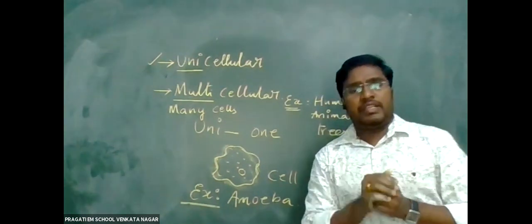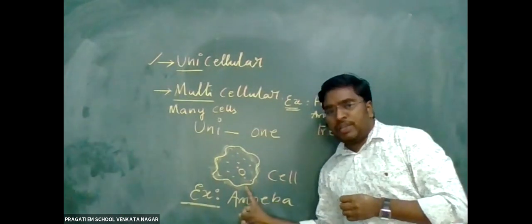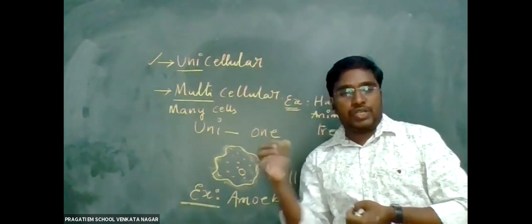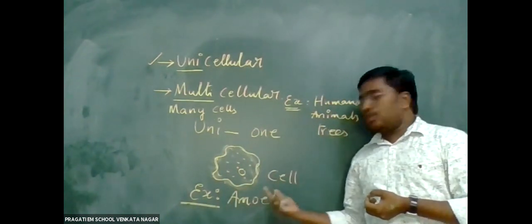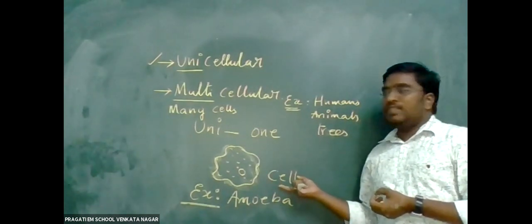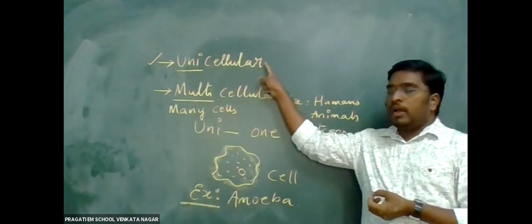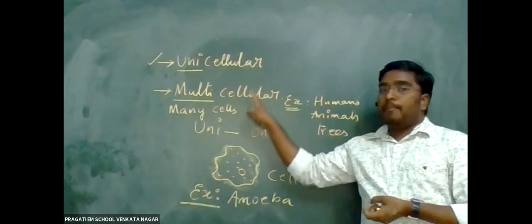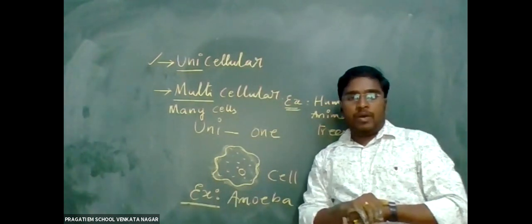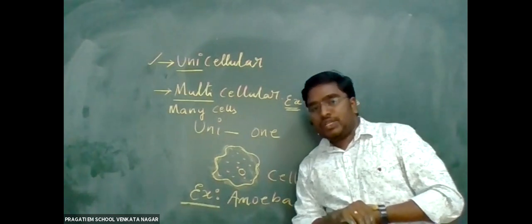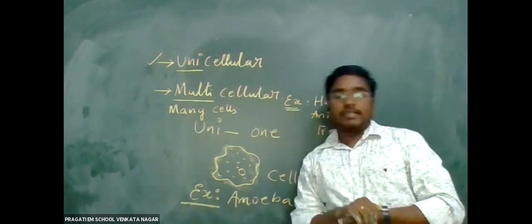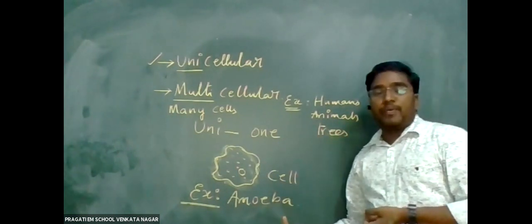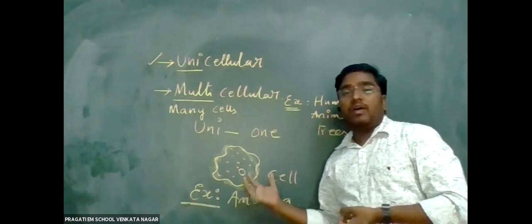Those living things, basing on the organization, I'm using a new word, organization, of the cells, are again divided into unicellular and multicellular organisms. Let us see the organization of living organisms. What are the structural and functional components present in living organisms?